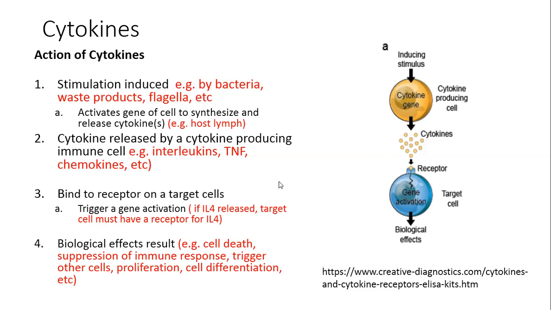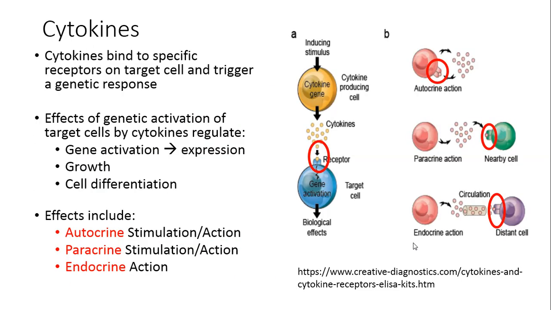And remember, for example, if interleukin 4 is released here from the cytokine producing cell, the target cell has to have a receptor that's an interleukin 4 receptor. And then the biological effects: cell death, suppression of immune response, trigger of other cells, proliferation, cell differentiation, whatever the case may be.